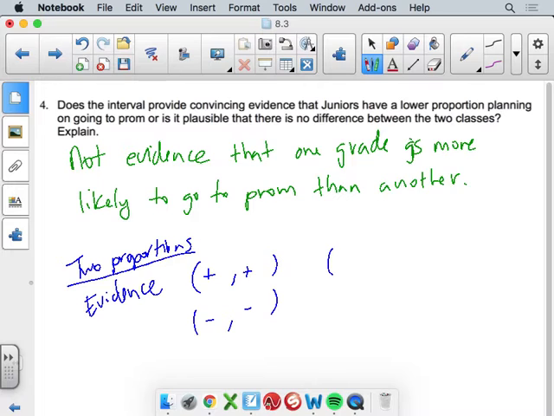But if you have a negative number and a positive number, that means there's no evidence. We don't know where it's at. We don't know who's more likely. So if I have two positive numbers, juniors are more likely. Two negative numbers would have been seniors. This is a question mark. We don't know.